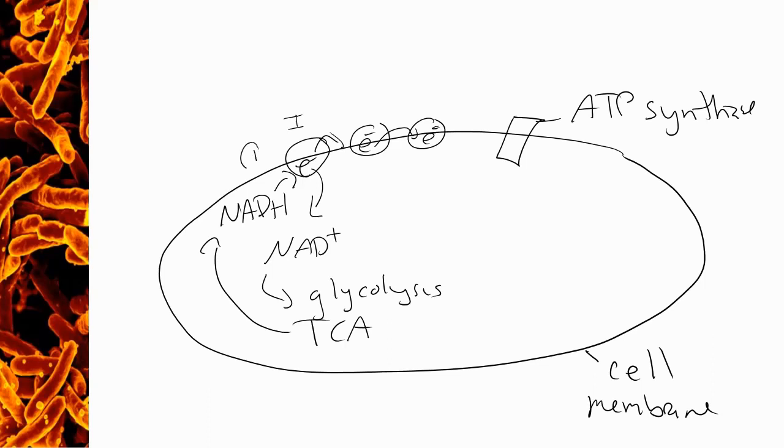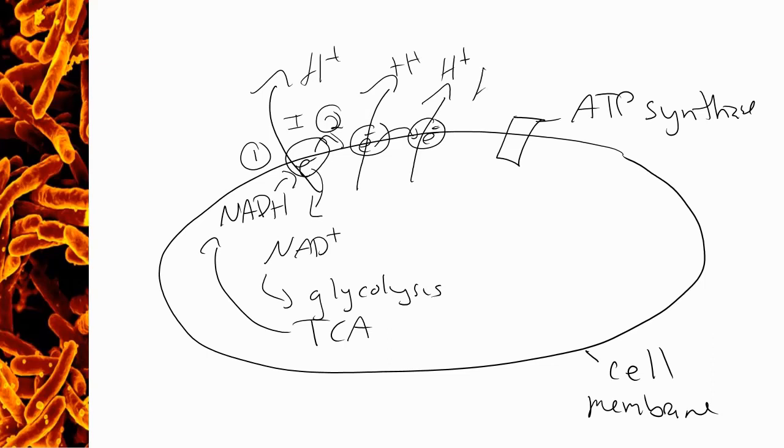So here we have step 1, electrons are dropped off. Step 2, electrons are transferred. And then during that transfer of electrons, the energy that's being released from the electrons is going to be used to power the pumping of protons out of the cell.